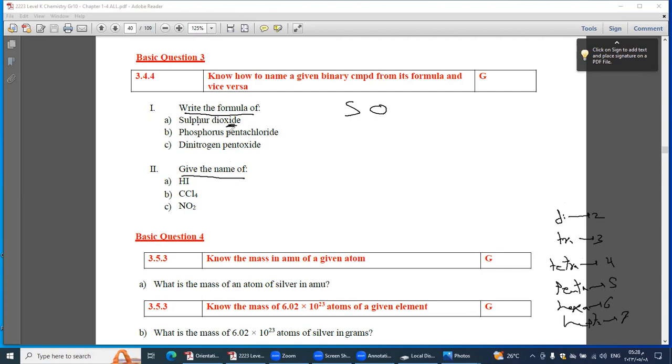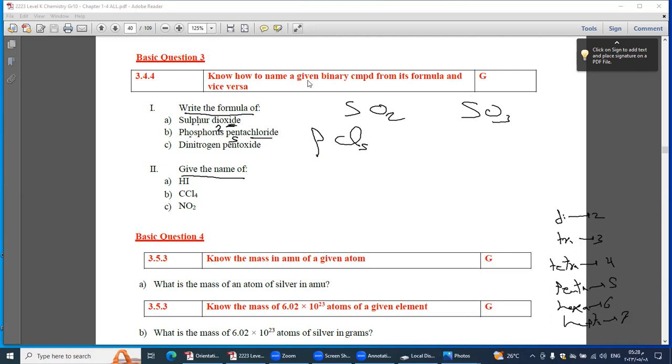So sulfur, di refers to 2, oxide. Sulfur trioxide, SO3. Phosphorus, chloride, Cl. Penta refers to 5.